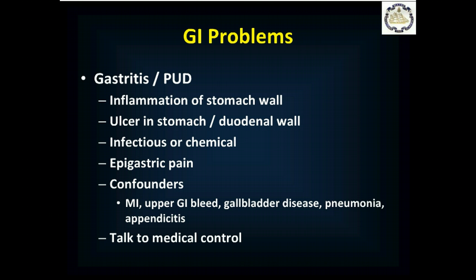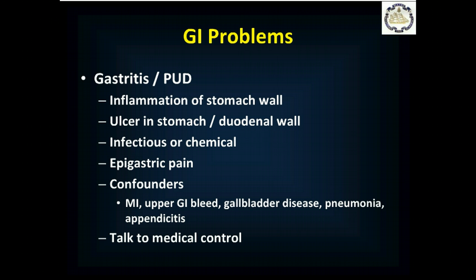So going down a little bit lower, gastritis and peptic ulcer disease, or PUD, can also cause upper abdominal pain. That's inflammation of the stomach wall, and in peptic ulcer disease, an ulcer in the stomach or the duodenum, first part of the bowel, can be from an infection or it can be chemical from too much acid.